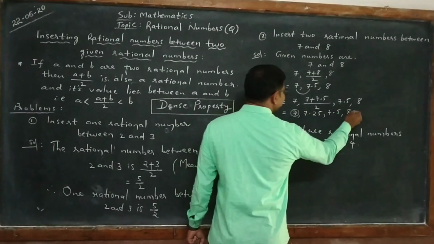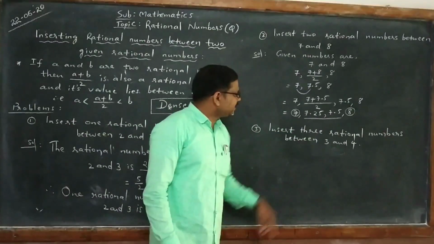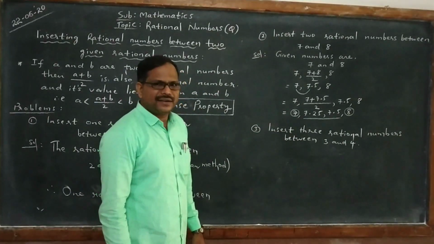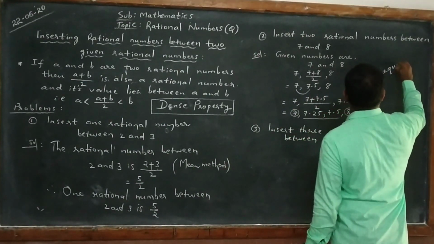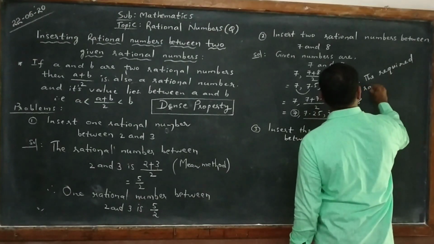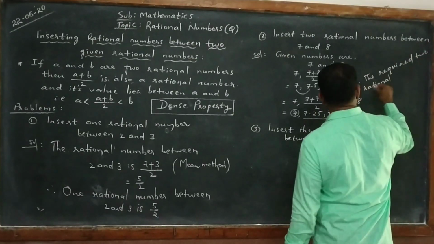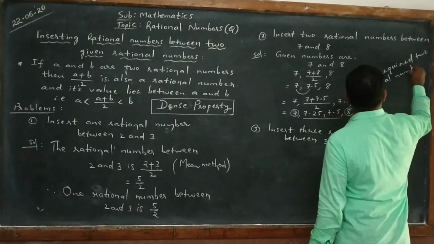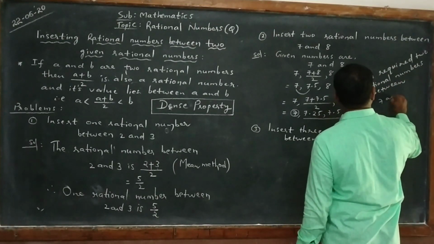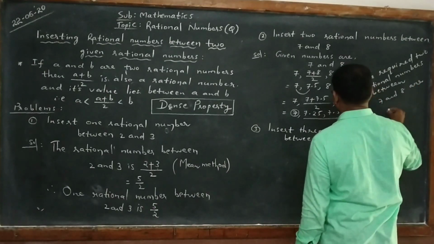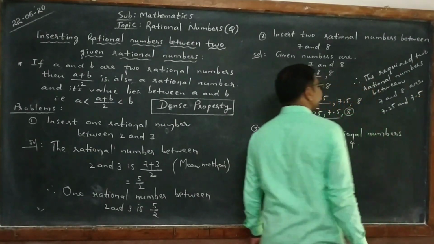Now between 7 and 8 I got two rational numbers. What are the rational numbers? 7.25 and 7.5. Therefore the required two rational numbers between 7 and 8 are 7.25 and 7.5.